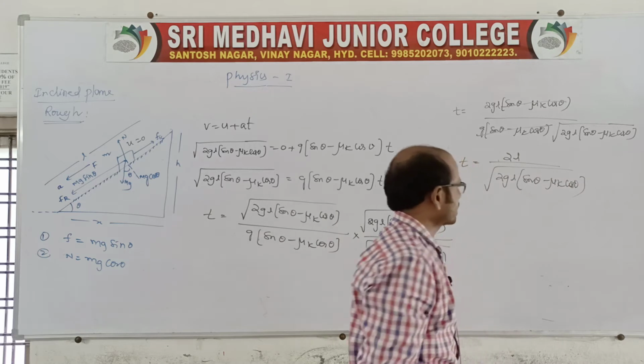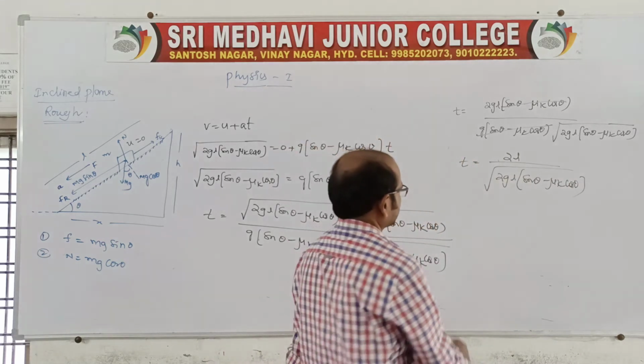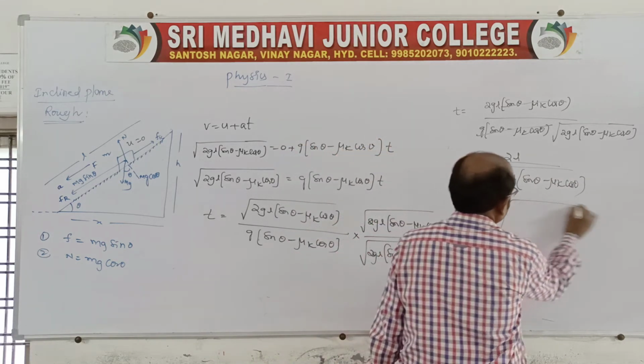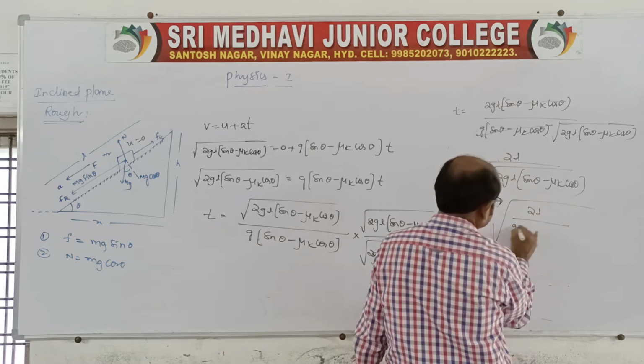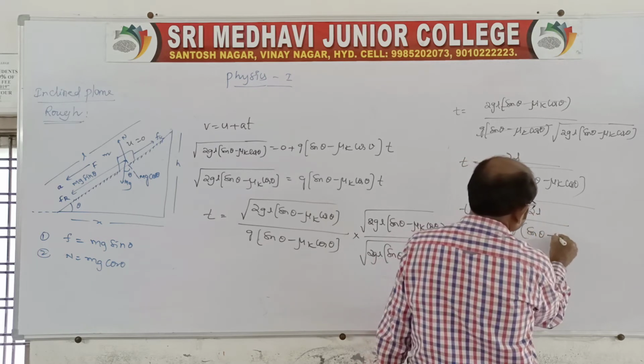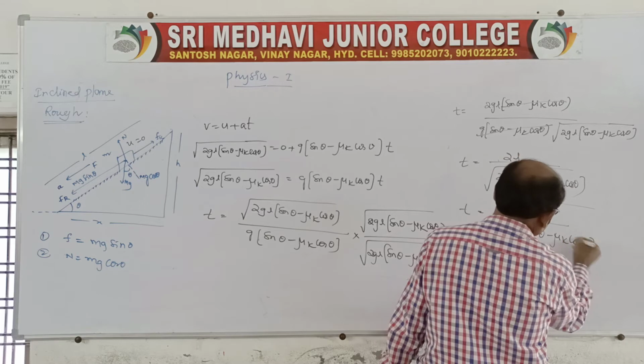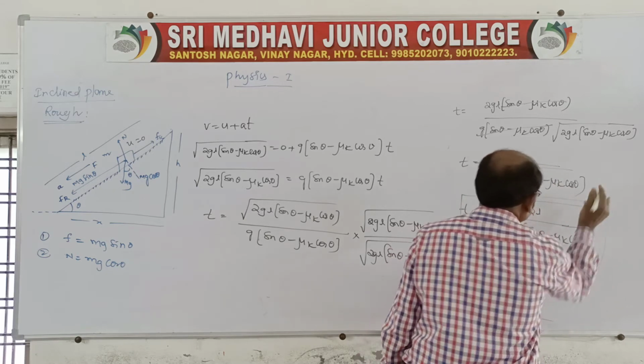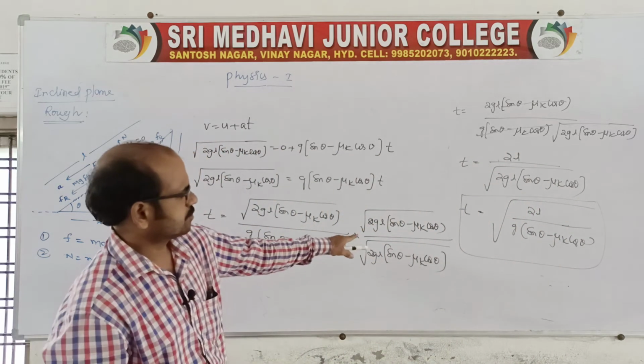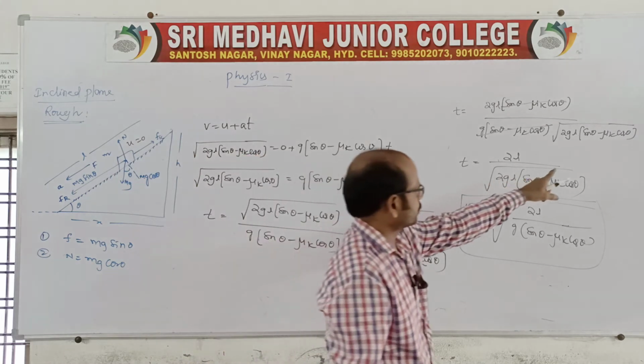Again you take the same rationalization with 2l. Therefore the final answer will be t is equal to root over 2l by g of sin theta minus mu k cos theta. You do the same, multiply and divide with root 2l.